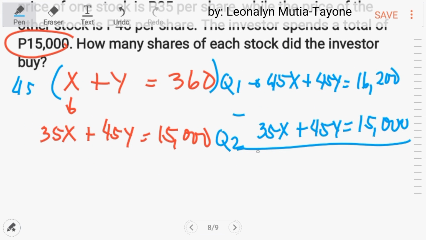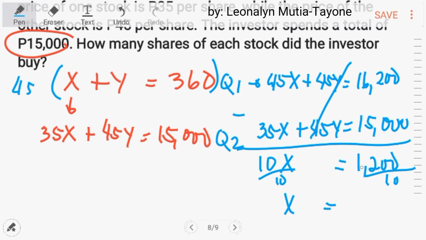And this is 10x. Ito wala na. Cancelled out na yan kasi 0 na siya. 16,200 minus 15,000, and that is 1,200. So, i-isolate na natin si x. That means, mag-divide tayo ng 10 sa both side. So, 1,200 divided by 10, and that is 120. So, ang x natin is 120.